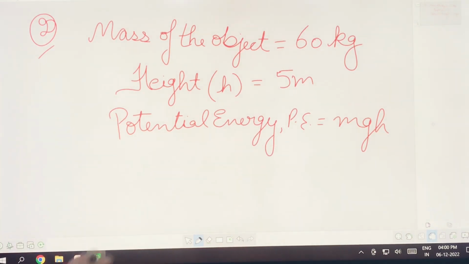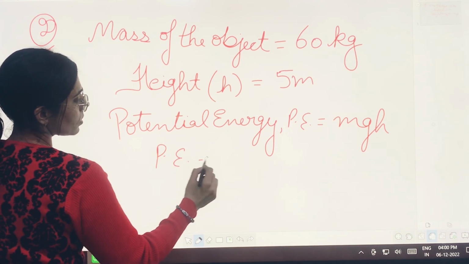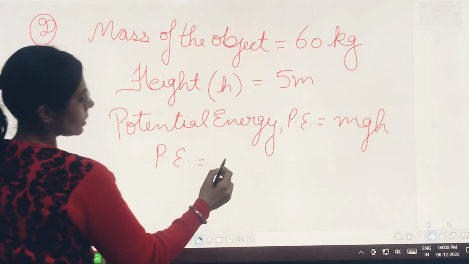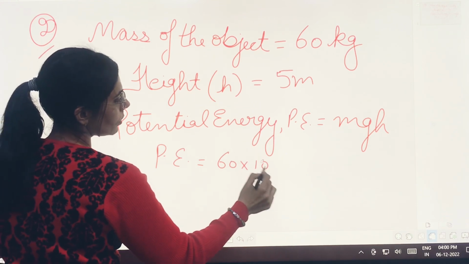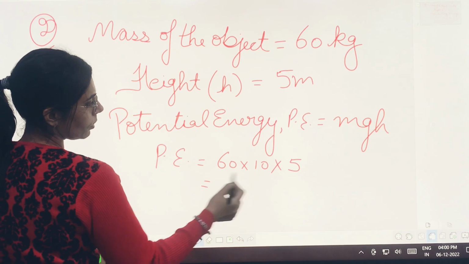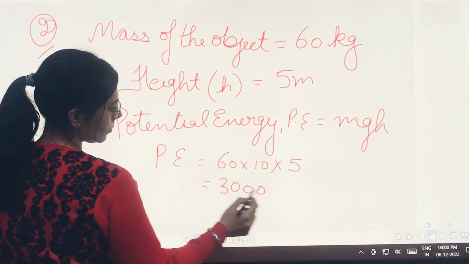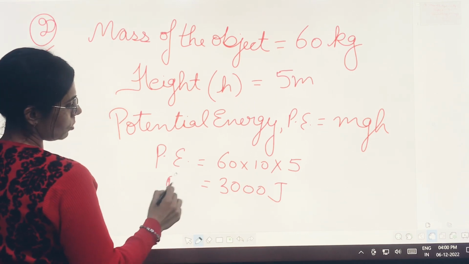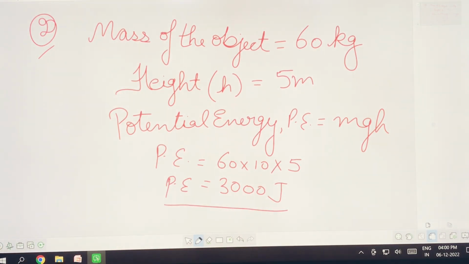So potential energy is 60 into acceleration due to gravity, which we can consider as 10, into 5, and you can calculate it as 3000 joules.